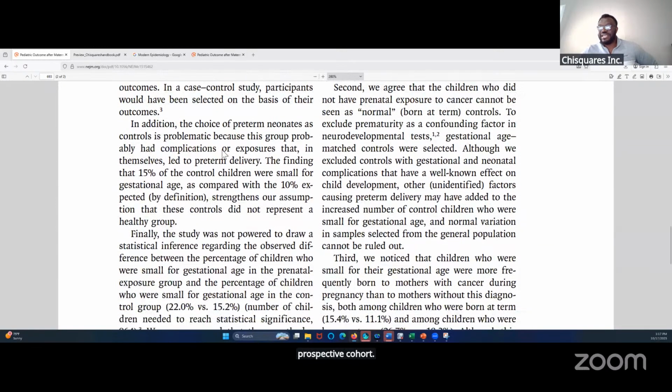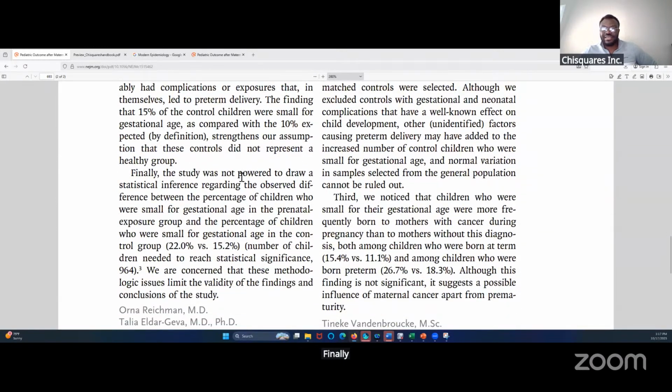They also said that finally, the study was not powered to draw a statistical inference regarding the observed difference between the percentage of children who were small for gestational age in the prenatal exposure group and the percentage of children who were small in the control group. They said the number of children needed to reach statistical significance is 964.